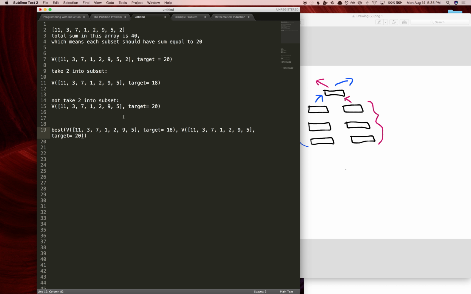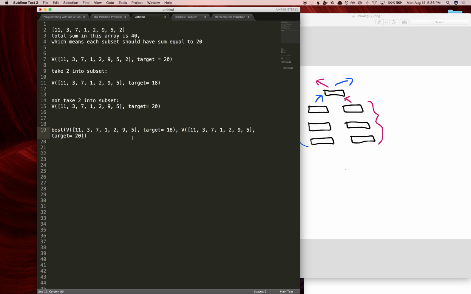So let me give you an example. If we look at line 19, say best is defined by: if the partition problem can be partitioned, and we get true with target value 18 in the smaller problem, it can happen. And if with target value 20 for this second one right here, we get false, we want the true, because we know that's good.